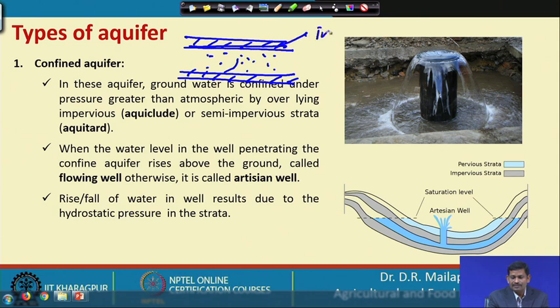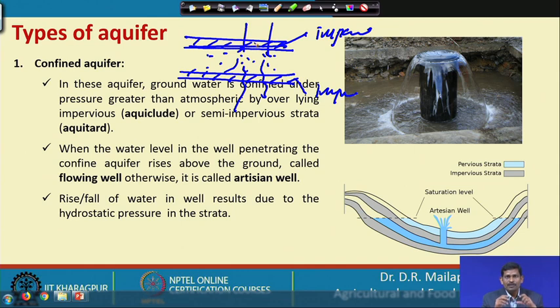It is generally an impervious layer, which means water will not pass or enter. So it is confined between the 2 impervious layers. This is called a confined aquifer.